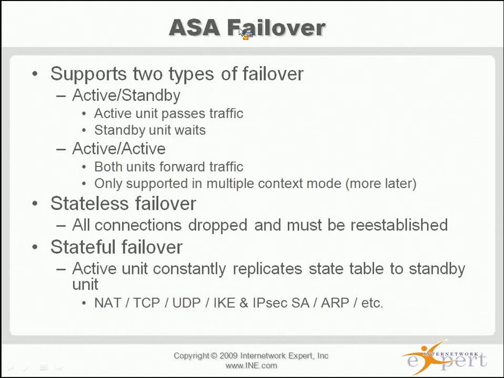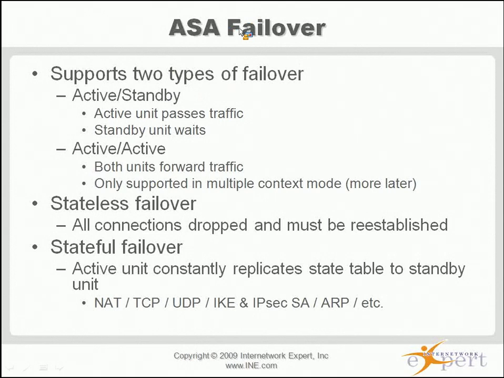Starting off, different failover types, general failover information on the device itself. So different types of failover we have, active standby or active-active. Active standby, having one device actively passing the traffic and having a second device that's just standby, waiting if the first device fails, then able to take over.